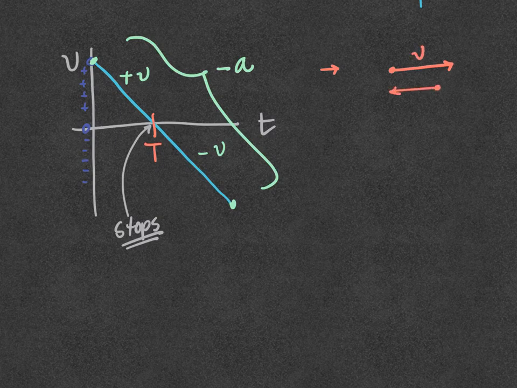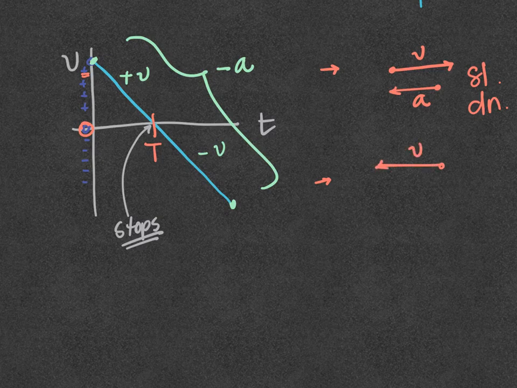So this is my velocity vector and this would be my acceleration vector. And that tells me it's slowing down. That's my abbreviation. And that does make sense because it starts at a very positive velocity and it goes to a zero velocity.